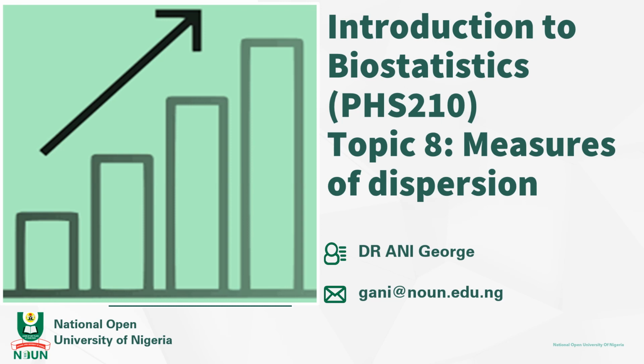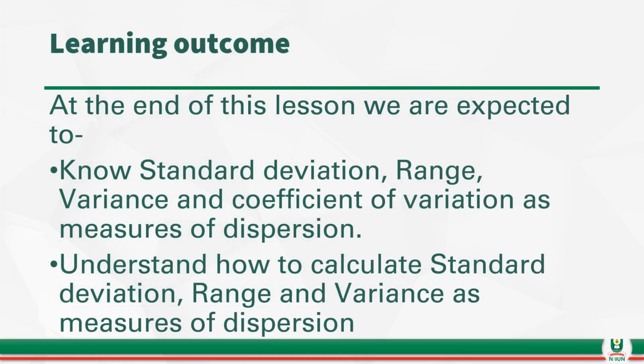At the end of the lesson, we should understand that standard deviation, range, variance, and coefficient of variation are measures of dispersion, and see how we can calculate standard deviation, range, and variance.